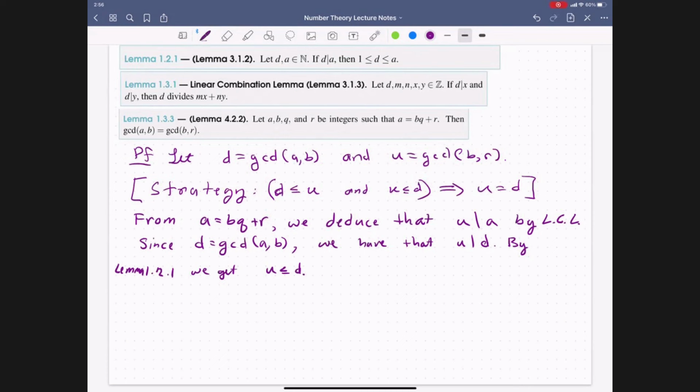For the opposite inequality, specifically D is less than or equal to U, we're going to rewrite the equation.